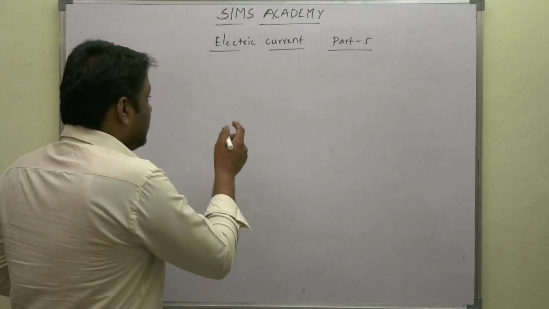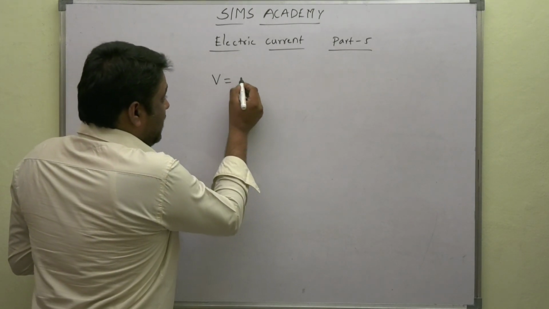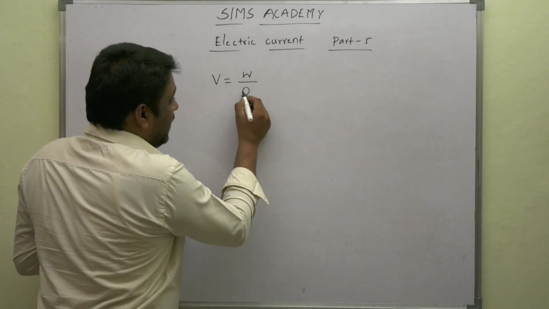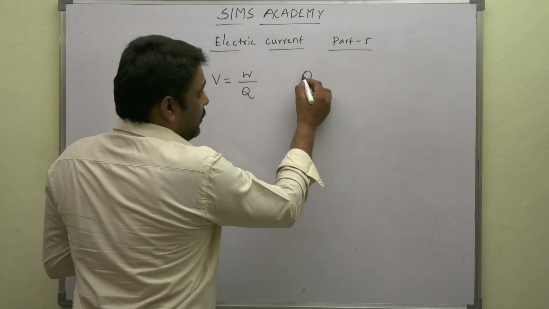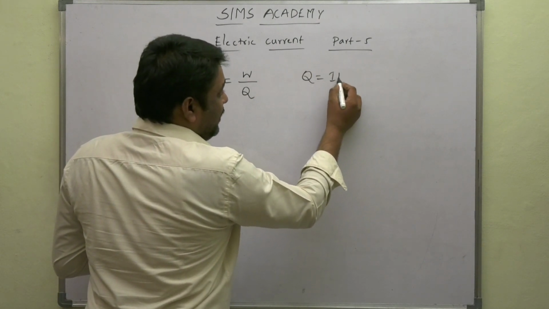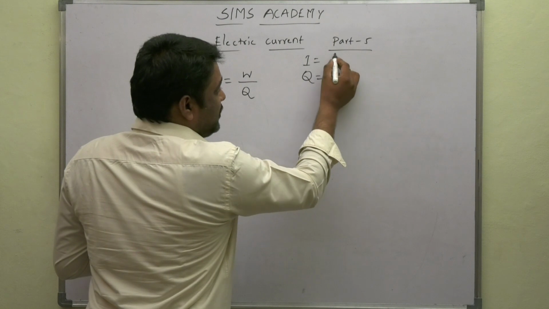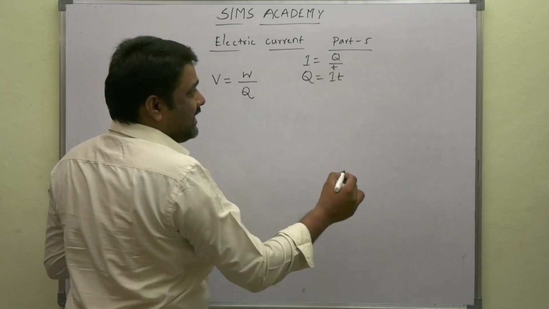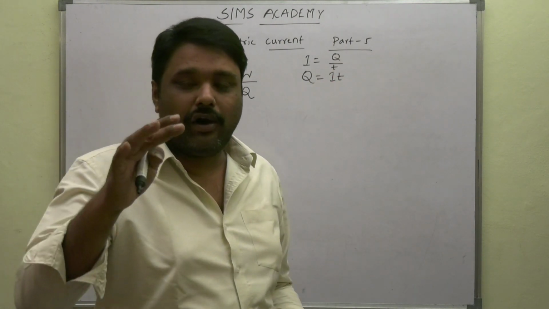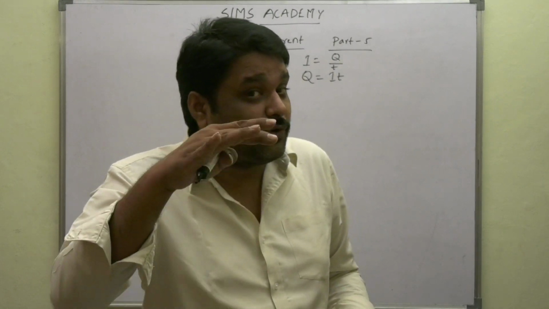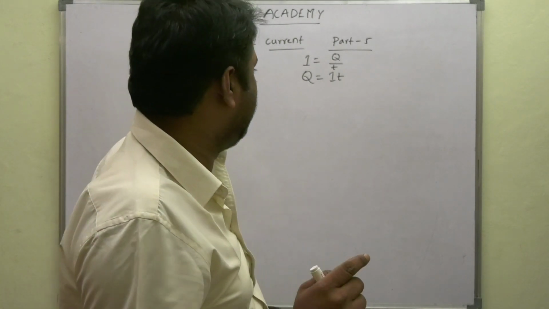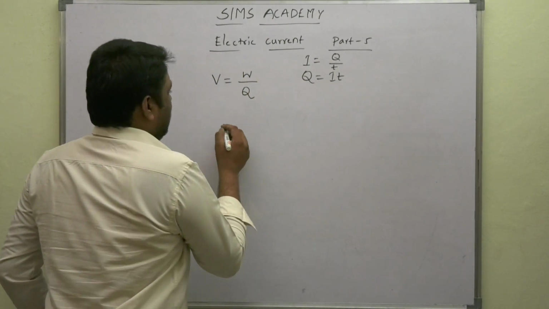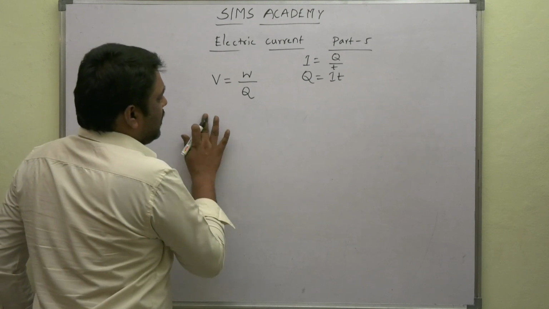Work done, we mentioned there, V equals W by Q, where Q is I into T, as we have mentioned electric current as the rate of flow of charge, or the charge flowing per second. So Q equals IT.